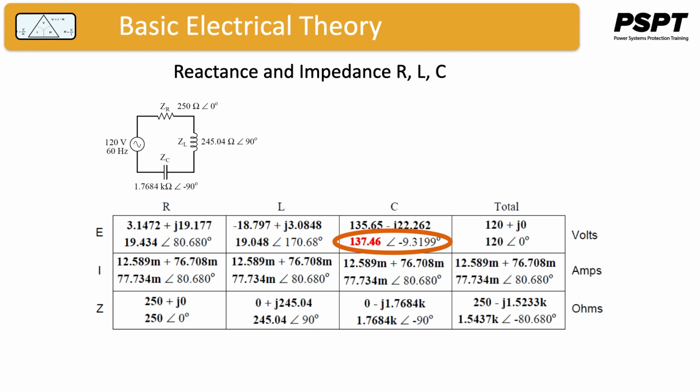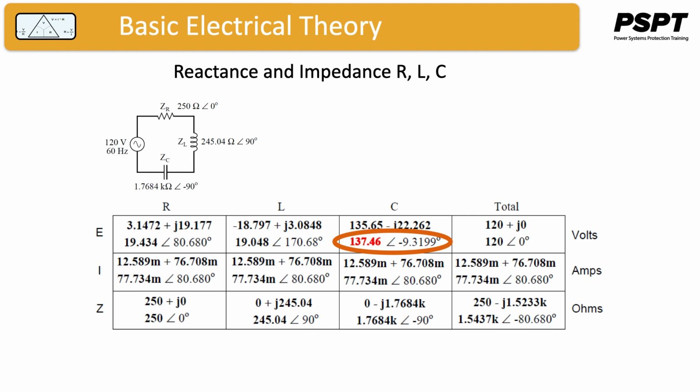Well, the answer lies in the fact that when you connect impedances up, and those impedances include capacitance and inductance, there is a resonant frequency that will allow the voltages to essentially ring back and forth, building and discharging, to mount to a voltage level that's, in this case, 137.46.